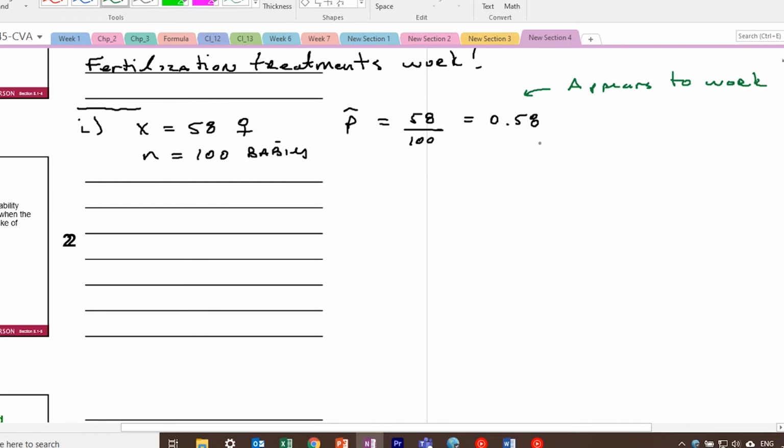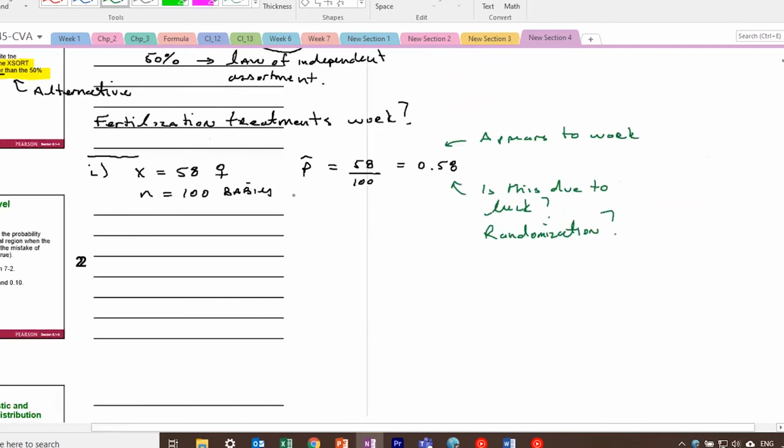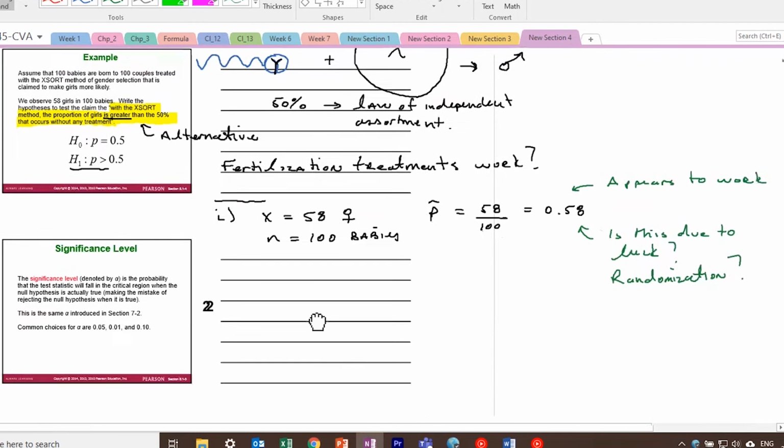Now the question is, is this statistically significant? Or is this due to luck? Or just randomization, right? Another word for that. And you say to yourself, let's do a test, because I'm a scientist, and this is just a claim right now, right?